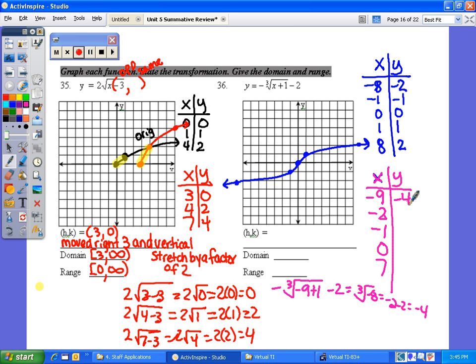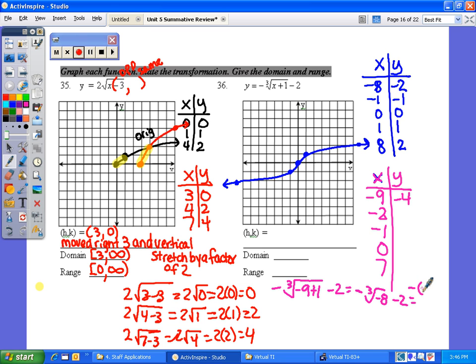I'm probably going to run out of room. Oops. I made a boo-boo. I forgot that there was a negative in the front of the problem. So we have negative cube root of negative 8 minus 2. So the cube root of negative 8 is negative 2.